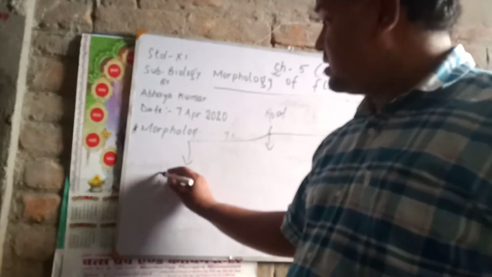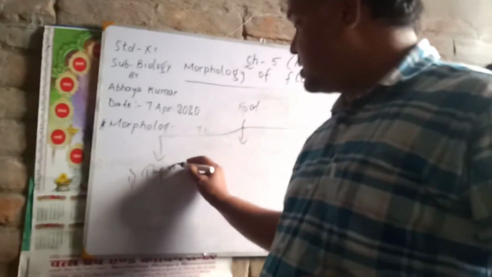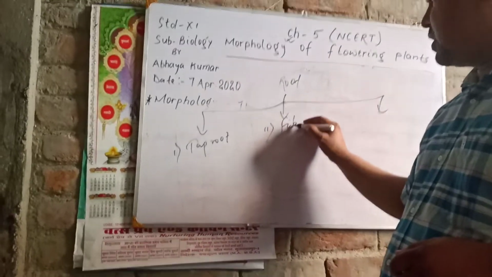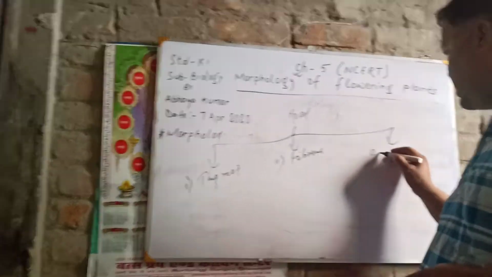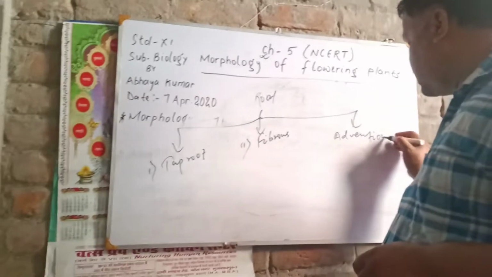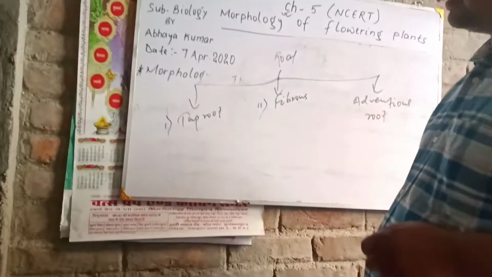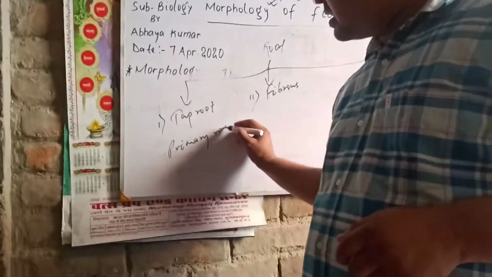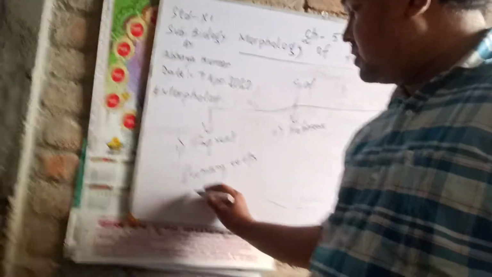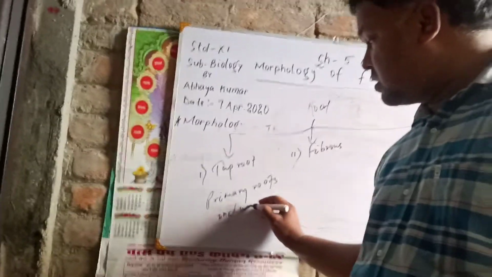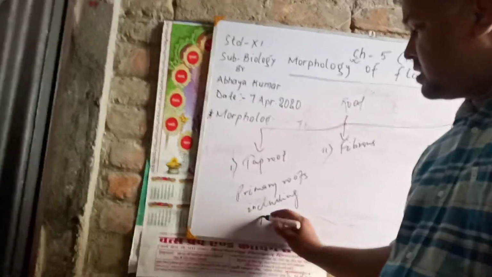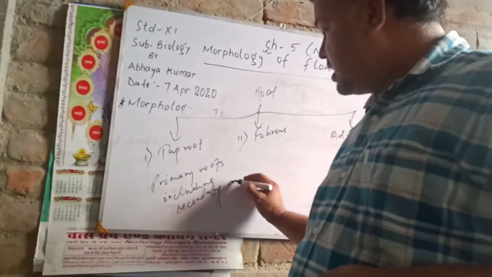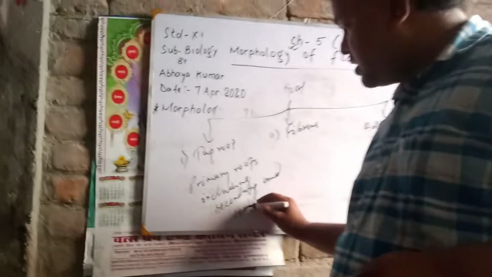First one, tap root, then fibrous root and adventitious root. Tap root has a primary root including secondary and tertiary root.